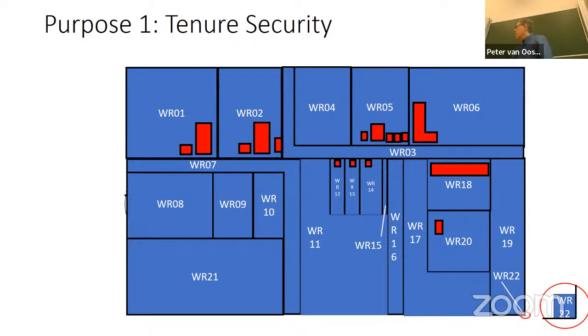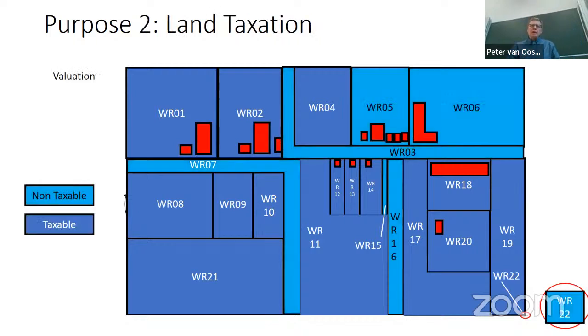Sometimes they can be very small, like in this corner over here, Water River 22 parcel, which is just tiny, so it's enlarged in the corner. Buildings are also put on this map.